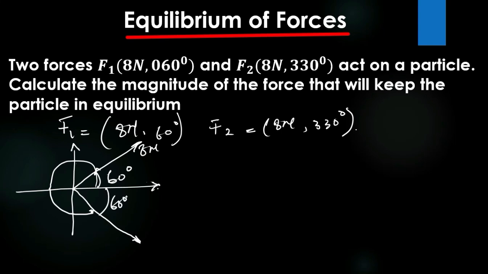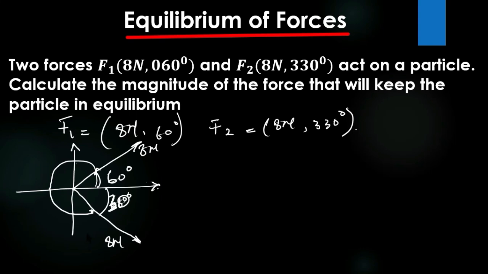Sorry, between 330 and the x-axis, I'm left with 30 degrees, not 60 degrees. 360 minus 330, that's 30 degrees. So we can now begin to resolve each of these forces.